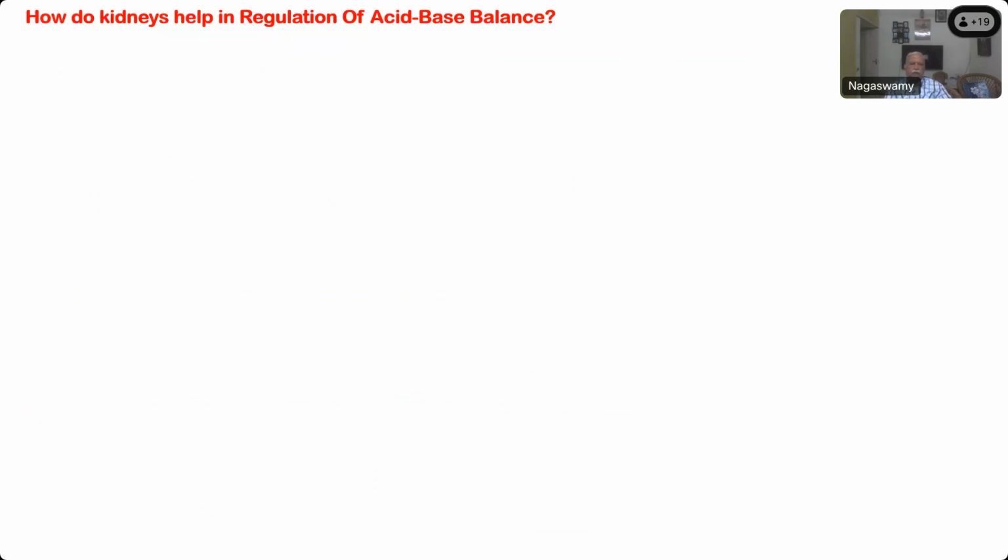It reabsorbs bicarbonate and excretes H plus in the PCT and the collecting duct with the help of T cells and I cells. Okay. Why should it reabsorb bicarbonate?